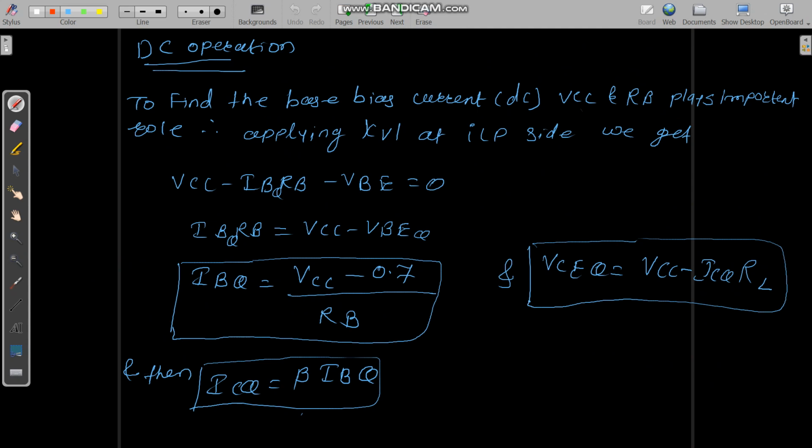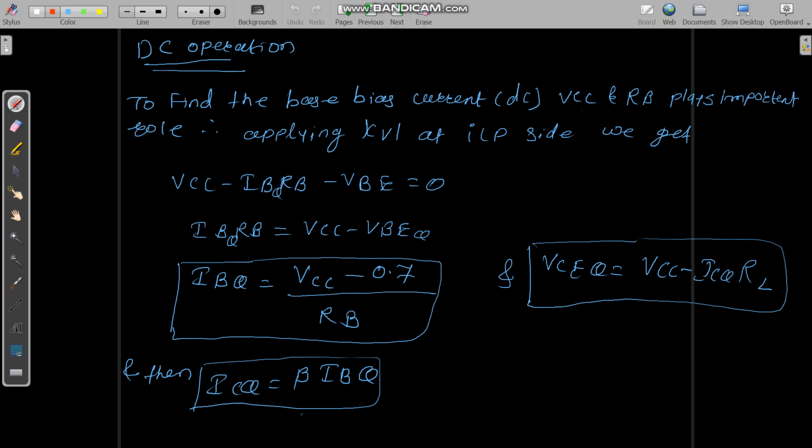Let us take IB to the left hand side, and rearranging the equation we are going to get the base current as the DC voltage minus the base emitter voltage, which is 0.7, divided by the base resistance RB. That means when I do the DC operation, I got my IBQ as VCC minus VBE divided by RB.